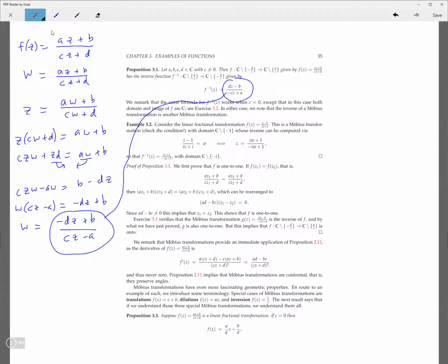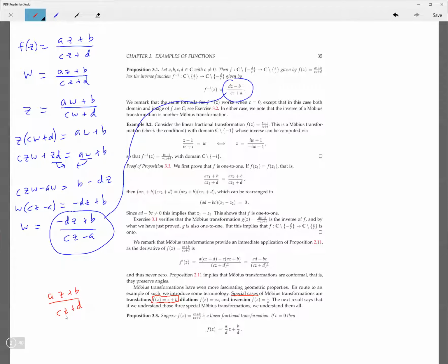Another important thing about Mobius transformations is there are some special cases. I want to draw your attention to this, special cases of Mobius transformations. So there's the translation, z plus b. Remember, the Mobius transformation is az plus b over cz plus d.